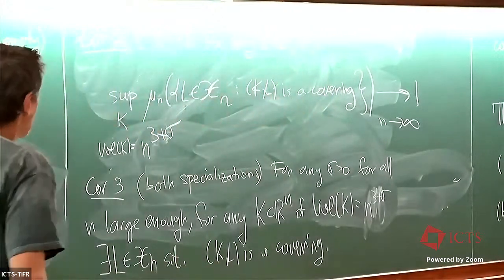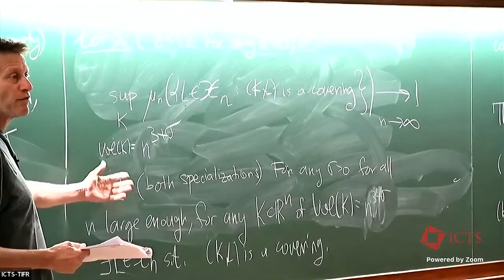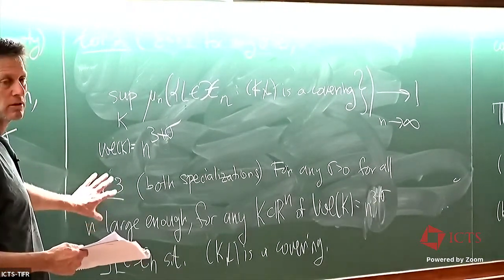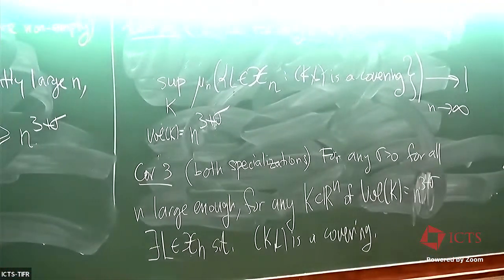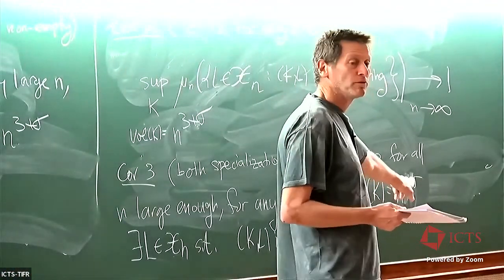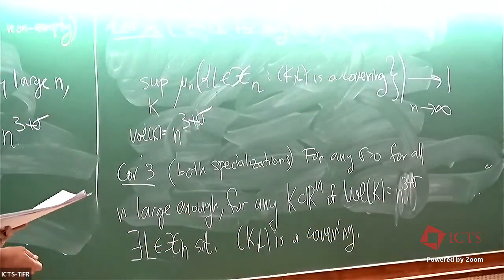So you should think of the theorem as being a very smooth extension of this result. When the convex body has volume n cubed and a little bit more, then you can find a lattice for which you can get a covering.